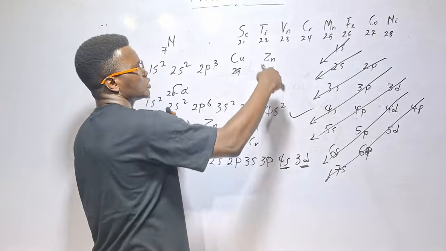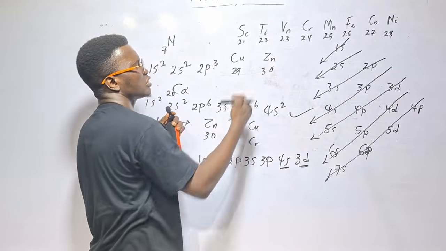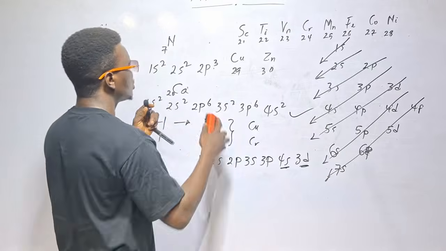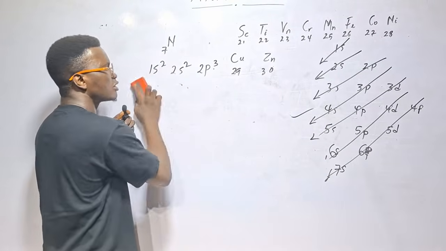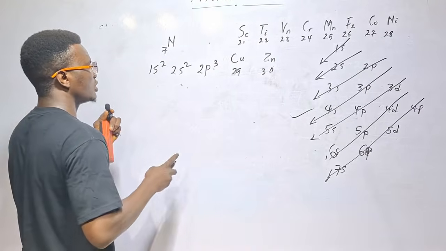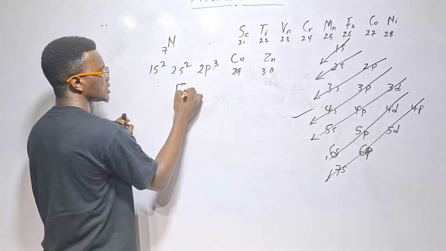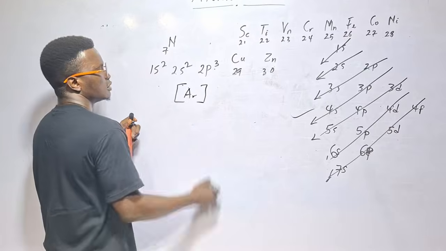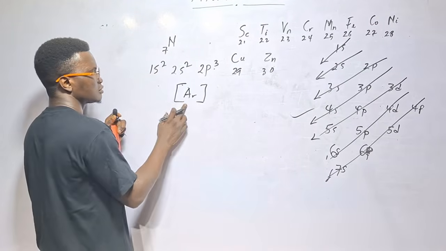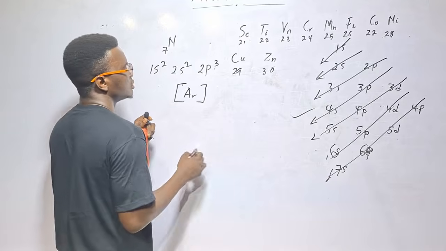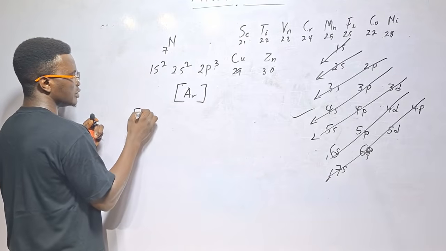So now from what we have here, you can be asked to write the electronic configuration of these elements. Let's say I want to write the electronic configuration for scandium. You know argon has electronic configuration of 18. So you can just put argon like this, so that you don't have to write everything.